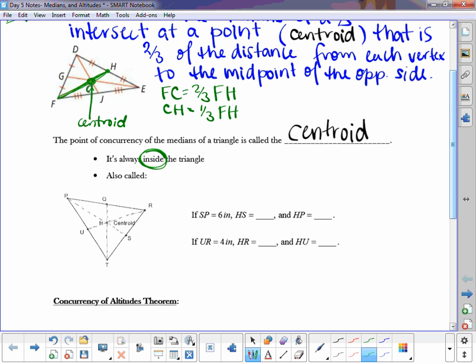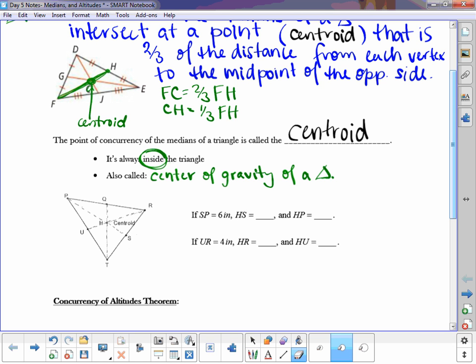So, the centroid is also called the center of gravity of a triangle. And what that is, it's the point where the triangle would balance. Okay, so let's go and finish out.